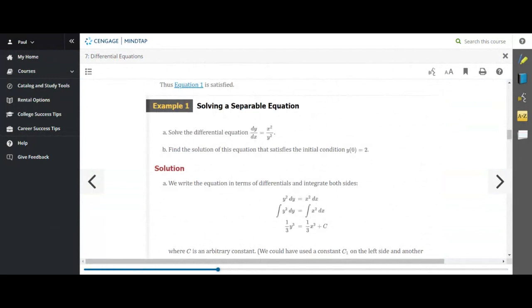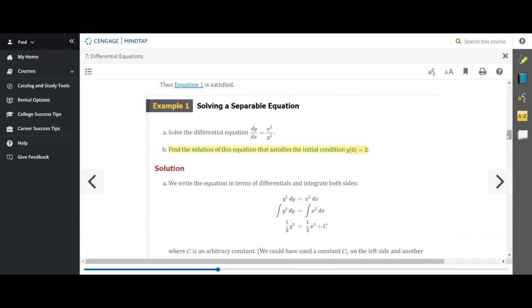Solving a separable equation. So we went through the steps. And it's really part B that we're looking at: find the solution where the initial condition is y of 0 equals 2. That's really what we're doing.